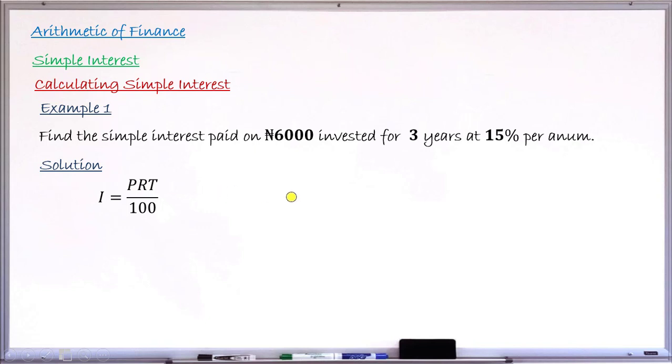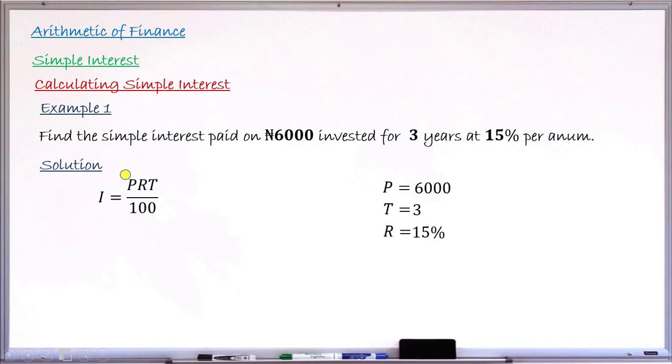My P, the amount of money invested, is this 6,000. Next is my T, the time; it says for 3 years, so T equals 3. And R is 15%, that is the rate of interest.